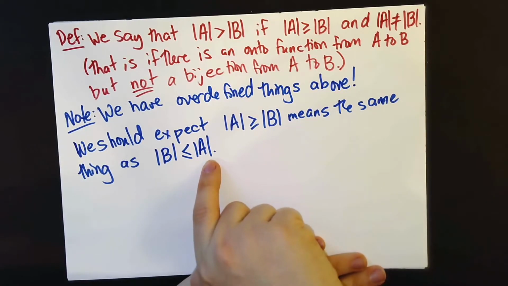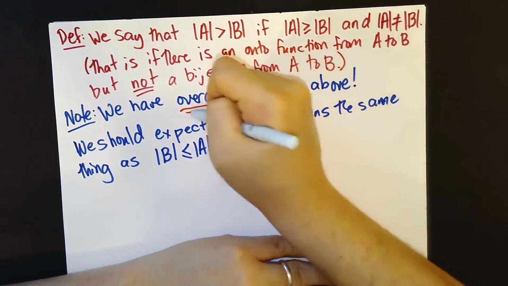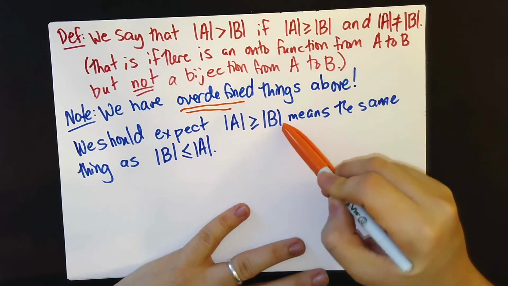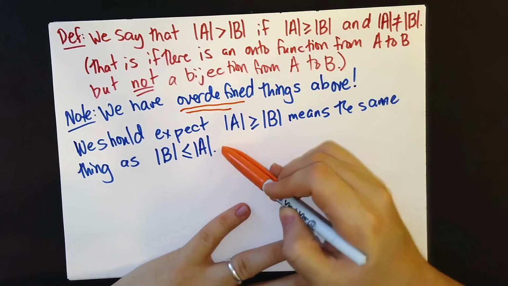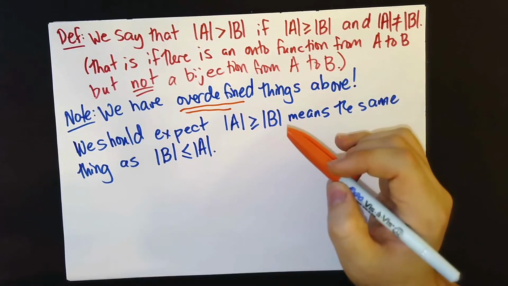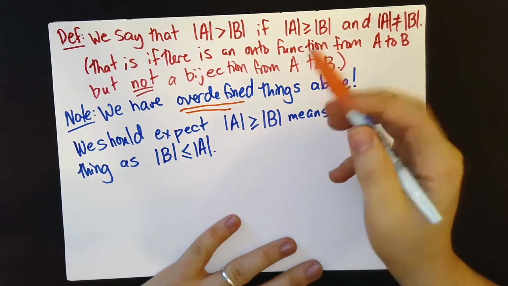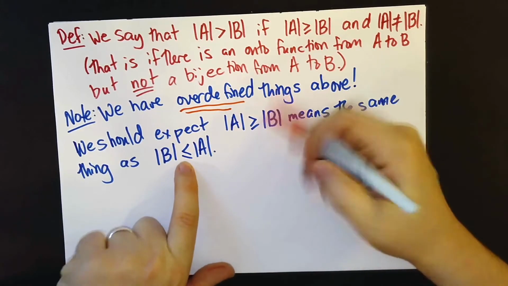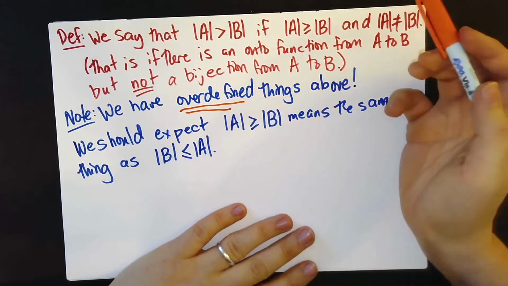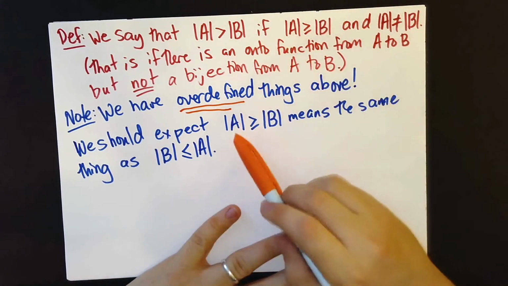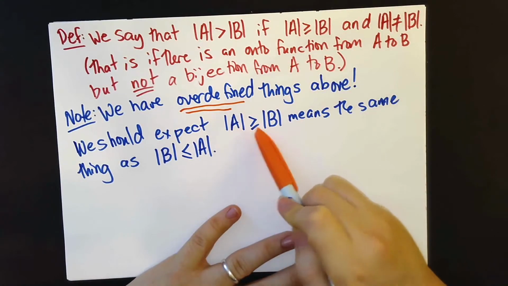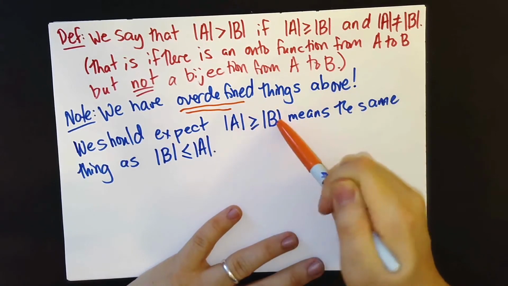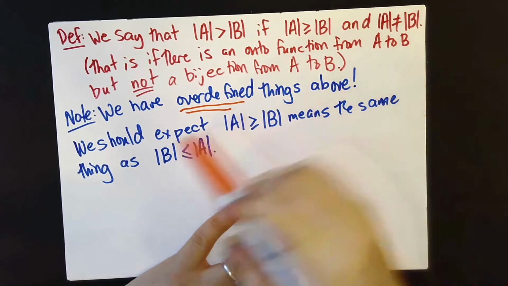So what I mean by saying we overdefined things is that we defined this above, and we defined this above, but we did so in a way where it is not at all immediately clear that this and this mean the same thing. Because how did we define it? Well, here we said the size of A is greater than or equal to the size of B. That means that there is an onto function from A to B. But then what does the second thing mean?